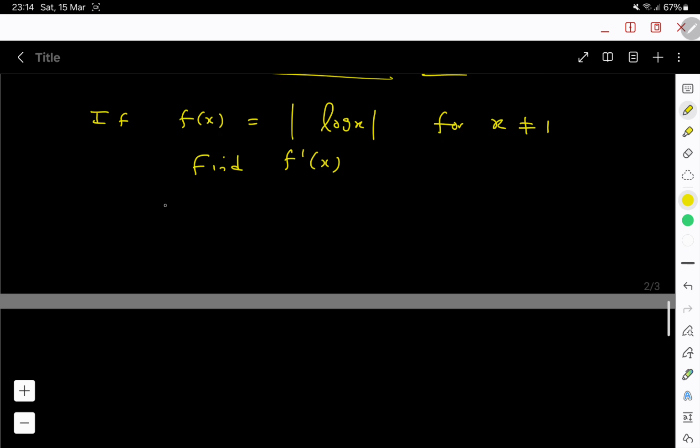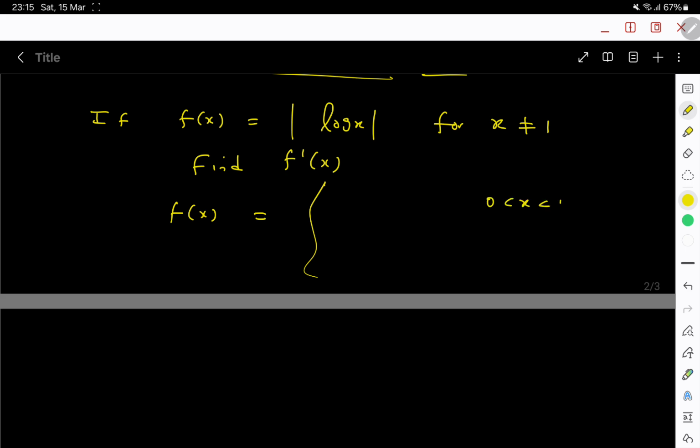Now I am taking two intervals. Log x is defined in two intervals, one is 0 to 1 and the other is greater than 1. I am taking the two intervals.